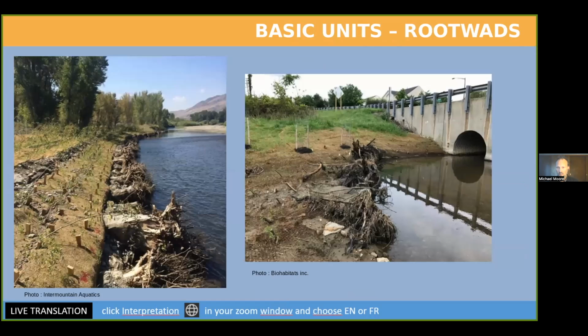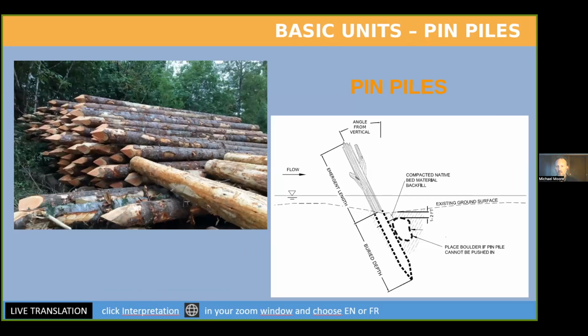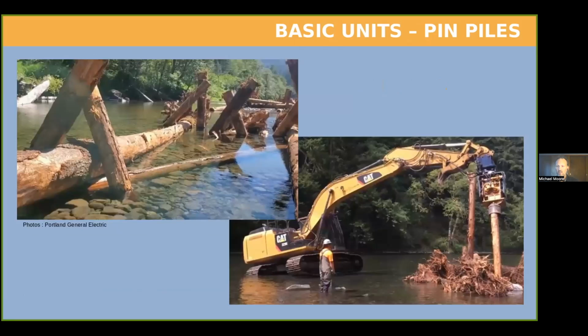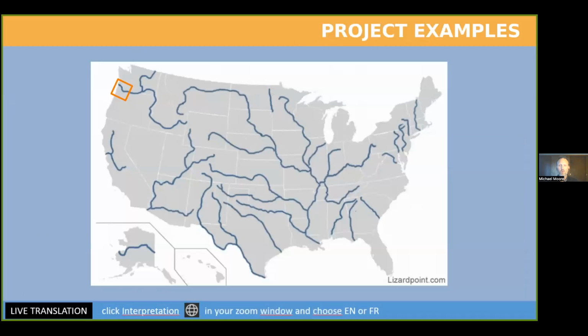Here you can see a couple of examples, both in urban and more natural environments, where toe wood is being used, root wads are being used with their high complexity to diffuse concentrated hydraulic energies. And then pin piles are also being driven here with a special attachment to the excavator.